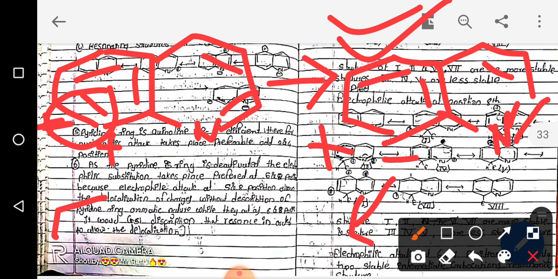Next step is that the electrophile is added on position 8.